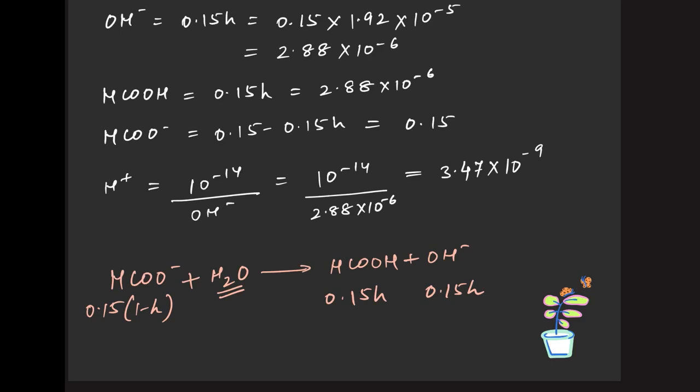So here the OH minus ion concentration is 0.15 H.